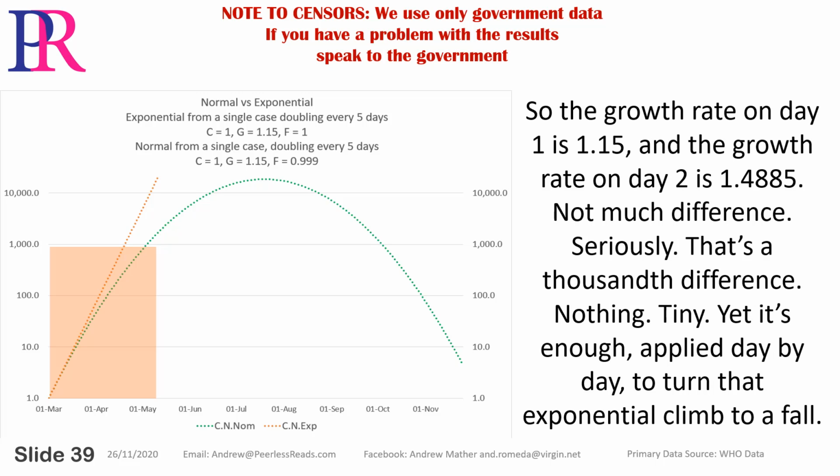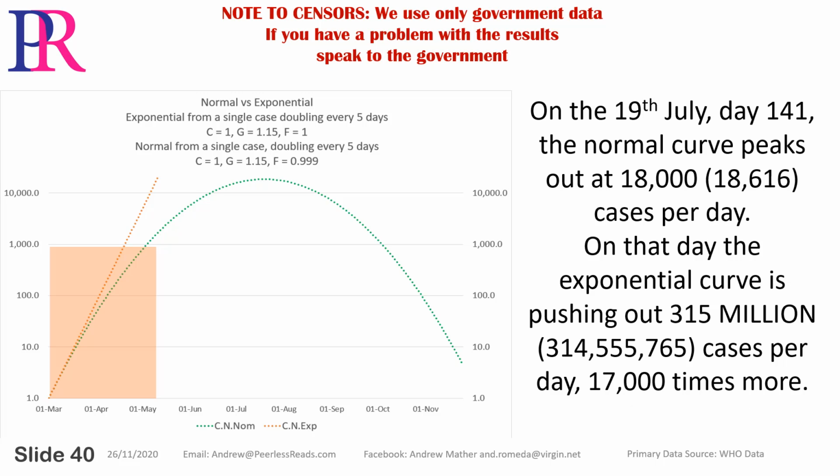So the growth rate on day 1 is 1.15 and the growth rate on day 2 is 1.14885. Not much difference. Seriously, that's a thousandth difference. Nothing. Tiny. Yet it's enough applied day by day to turn that exponential climb to a fall.